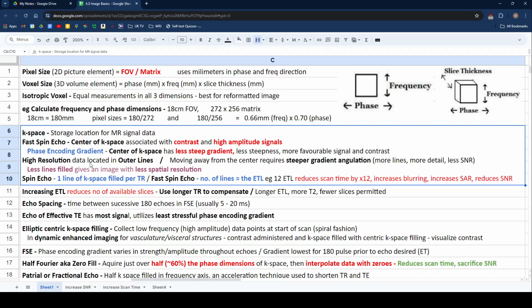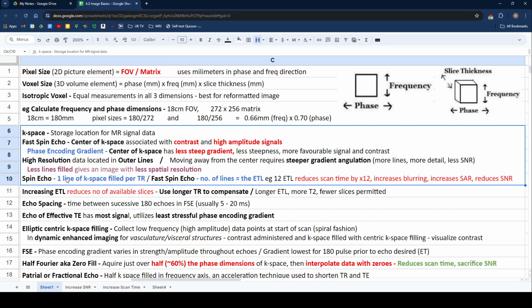High resolution data is in the outer lines. Moving away from the center requires steeper gradient angulations. More lines and more detail, less signal to noise. Fewer lines filled gives an image with less spatial resolution.